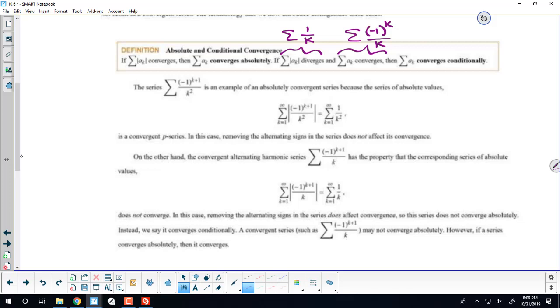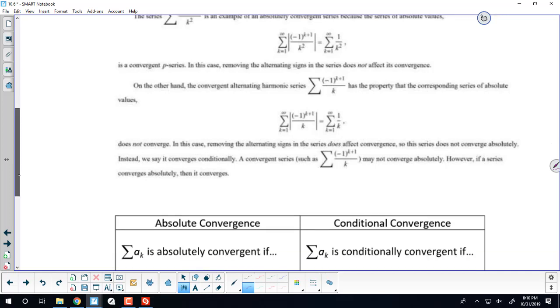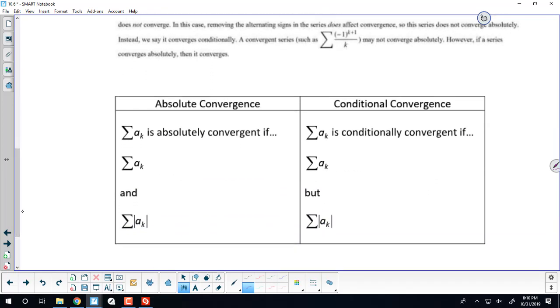So then they're going into a little bit more detail here with the series that they started with. Granted, we didn't look at the 1 over k squared and the alternating 1 over k squared, but both of those converged. The harmonic diverged, but the alternating harmonic converged. So the situation we have here is absolute convergence.